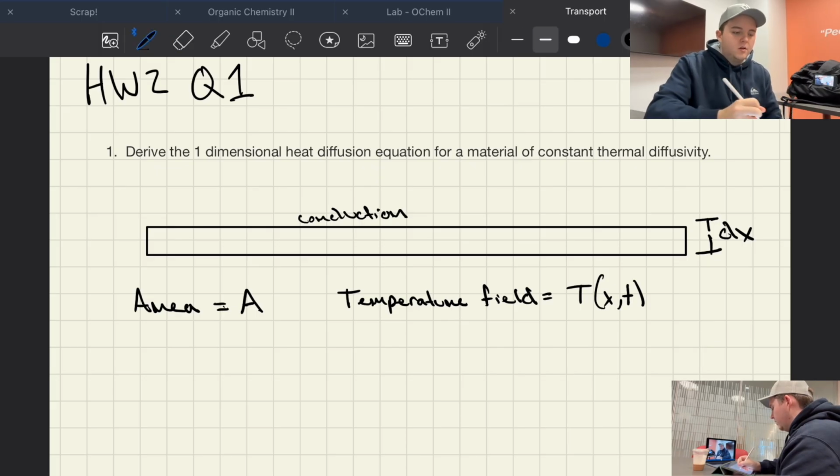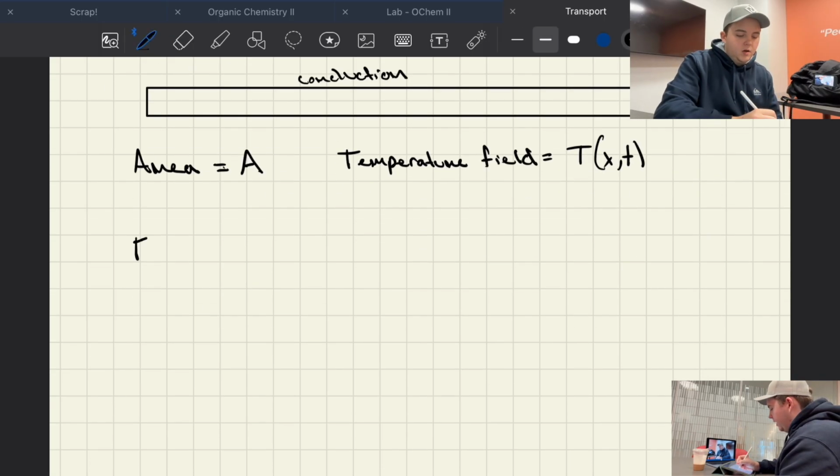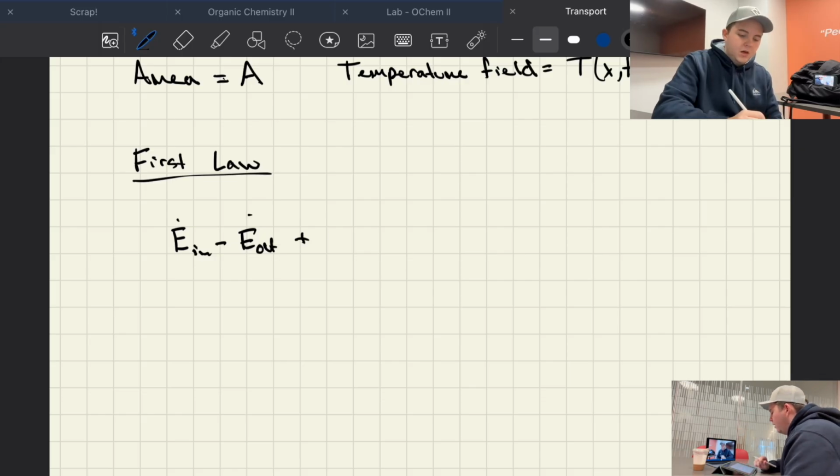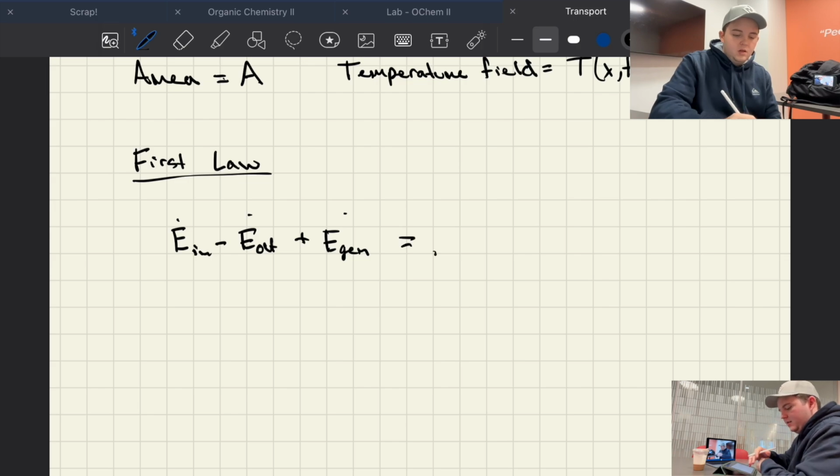Okay, so we're going to get started with the first law of thermodynamics. I'm just going to write first law. So we're going to have energy in minus energy out plus anything generated is going to be your E total.